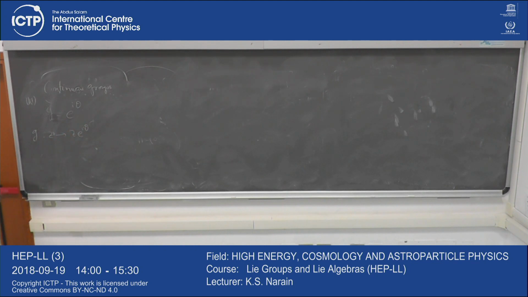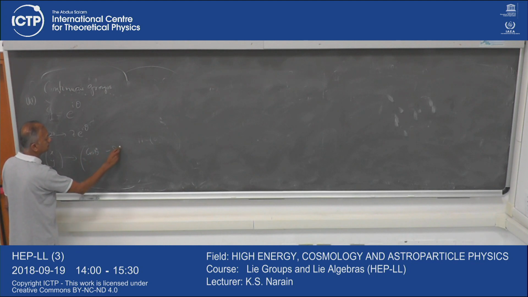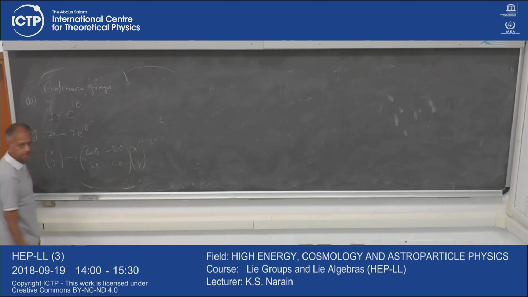So there's a rotation in the complex plane. Or you can think of the same as rotation in the real language. In the real language, it would be (x, y) goes to cosine theta, minus sine theta, sine theta, cosine theta, acting on (x, y). Right?